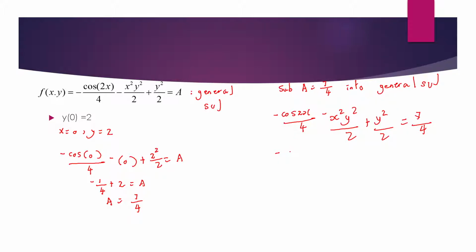So you have negative cos 2x, this multiplied by 4, so negative 2x squared y squared plus 2y squared equal to 7. You may have this form. This is a particular solution.